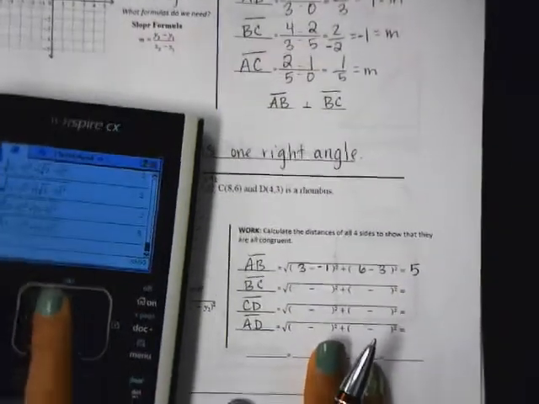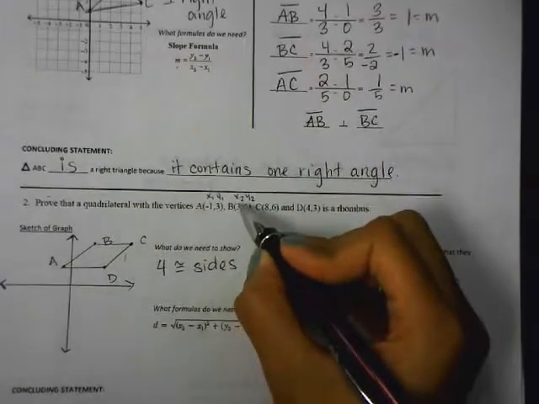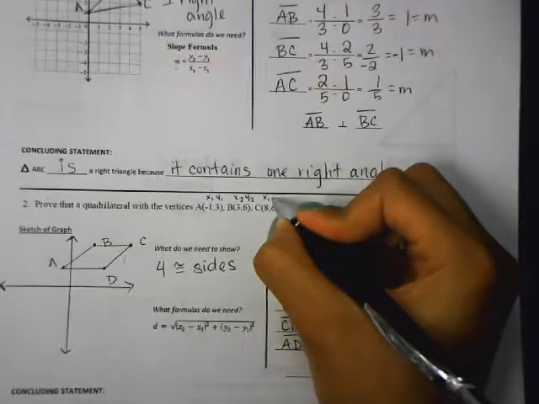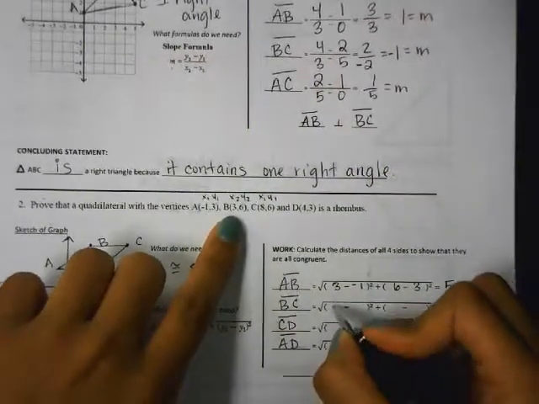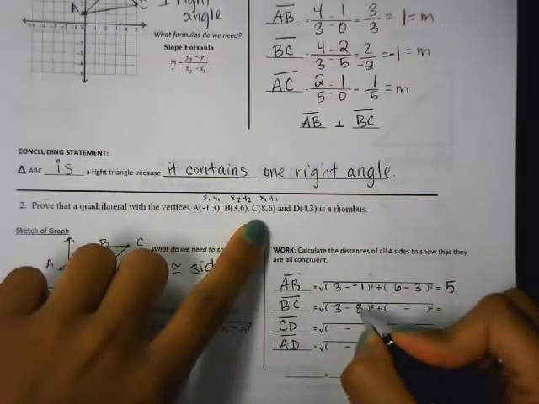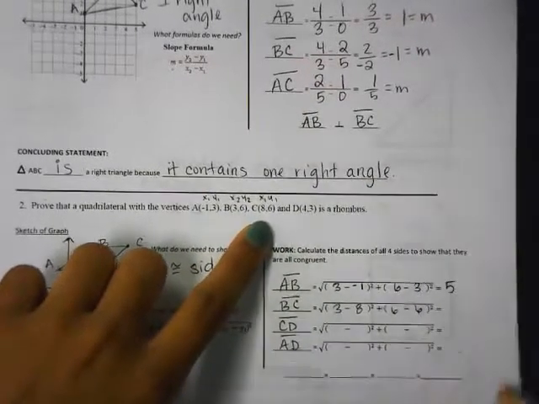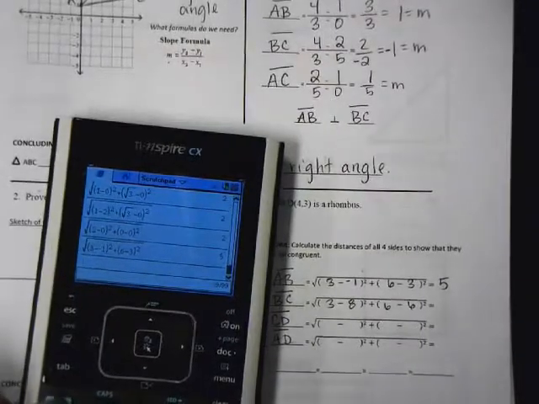Okay, so I'm going to grab my calculator, radical, parentheses, 3 take away 8, go to the right once, square, plus, parentheses, 6 minus 6, go to the right once, square that, go to the right once, hit enter, and I got 5 again. So right now, we have 2 that have 5.